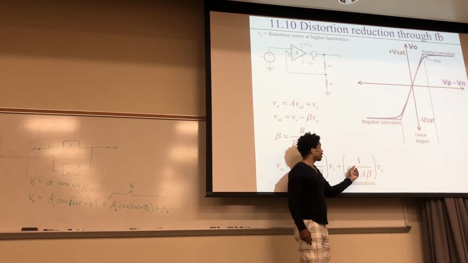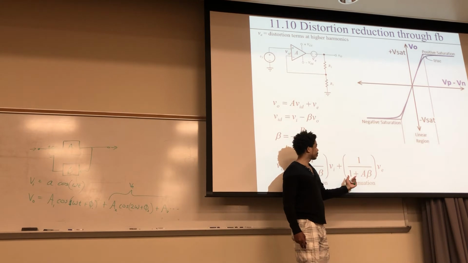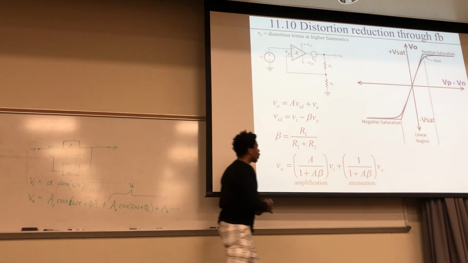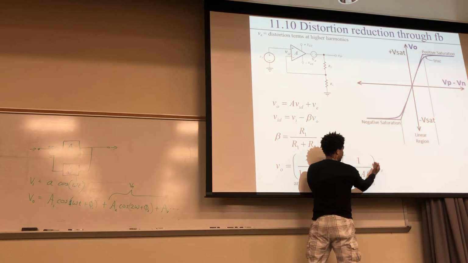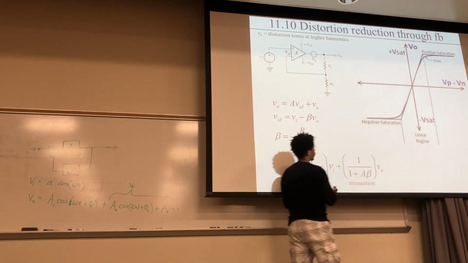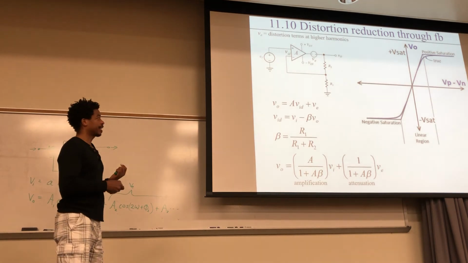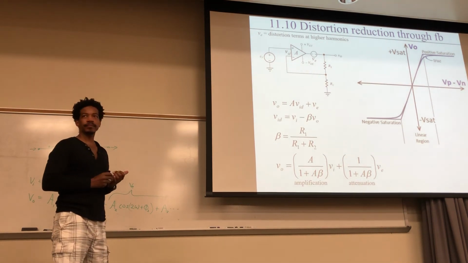But this right here in particular, the denominator is always going to be larger than 1, right? Well, typically. So this is why your error terms are attenuated when you take it through a negative feedback amplifier. If it was positive feedback, this is going to blow up that term right there. Okay.